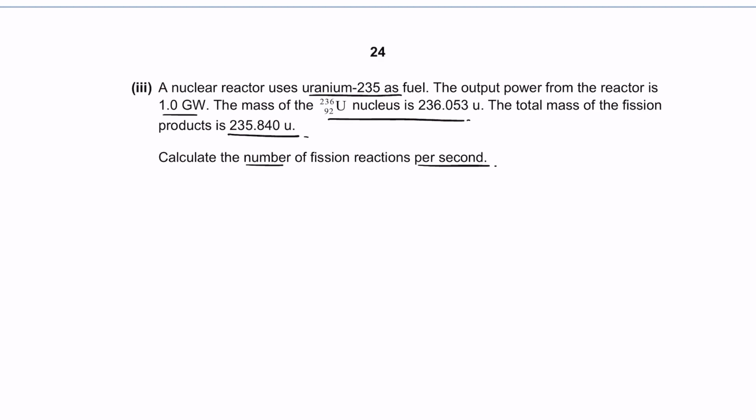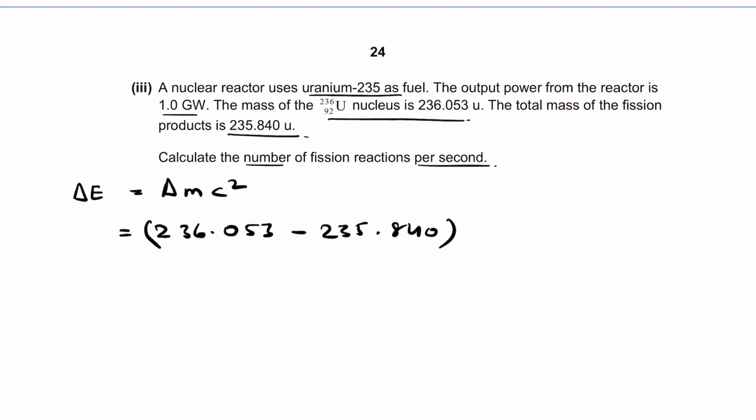First of all, what I'm going to do is work out E equals mc squared, or well, delta E equals delta m c squared, in joules. So it is the mass of the parent nucleus, which is 236.053, minus the mass of the products, which is 235.84, and I would times this whole thing by 1.66 times 10 to the minus 27 to convert it into kilograms.